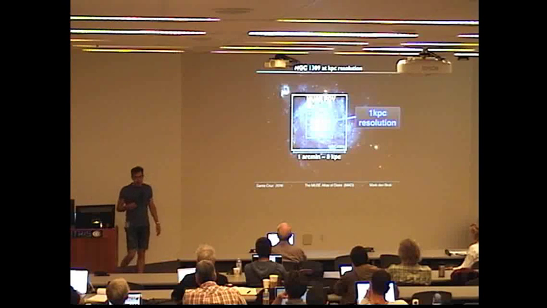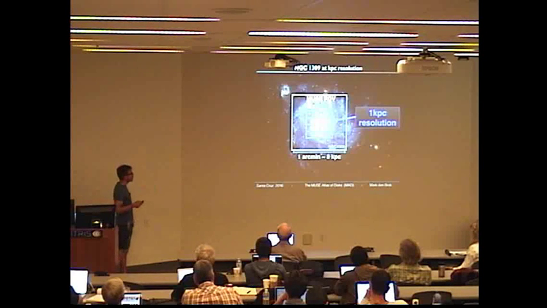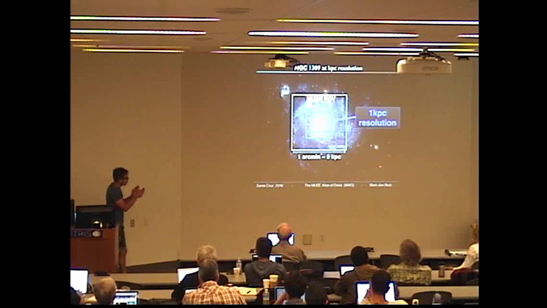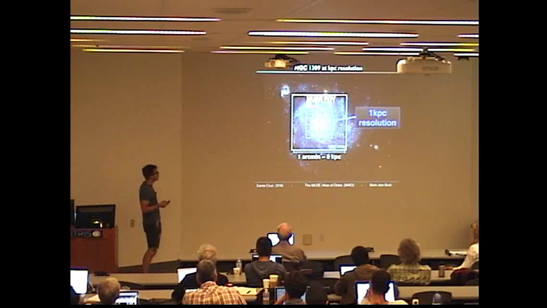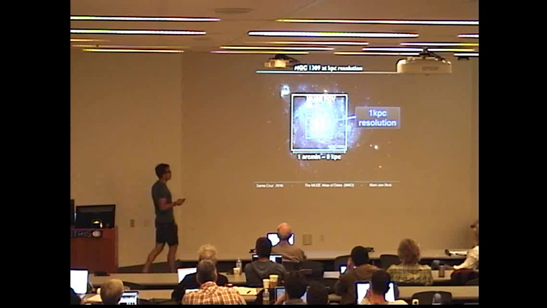We're relatively low spectral resolution, and we're just probing a little bit more than one effective radius in most galaxies. But what I'll try to argue is that we can actually do interesting things with this survey.